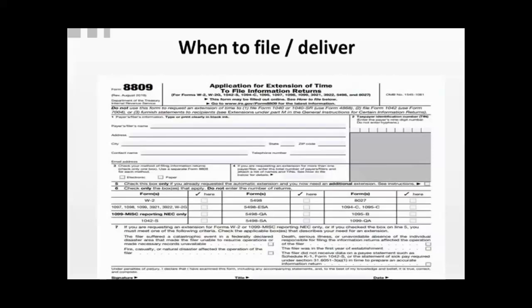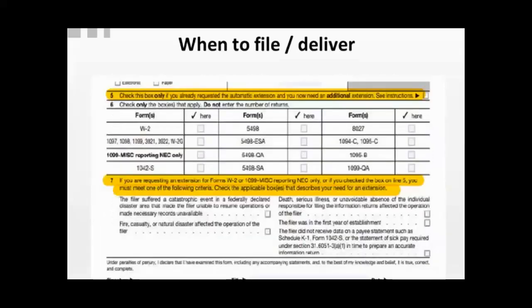This is the 8809. I think I blew it up a little bit. Yes. The bottom part, box 5, is check this box only if you already requested an extension and now need an additional extension. And then you go down and see the instructions, and it sends you down to box 7.